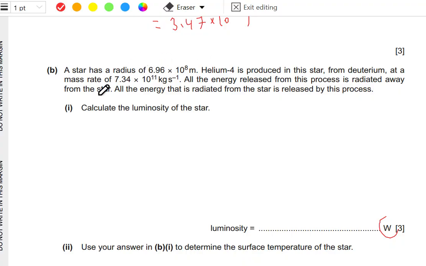So we will start first by knowing 7.34 times 10 to 11 represents how many moles. And we will multiply this number by Avogadro's number. We get all number of helium atoms involved, and after that multiply by energy from one helium atom. So I'll divide this by molar mass of helium, which is 4 gram. I need certainly to convert it to kg because this number is in kg.